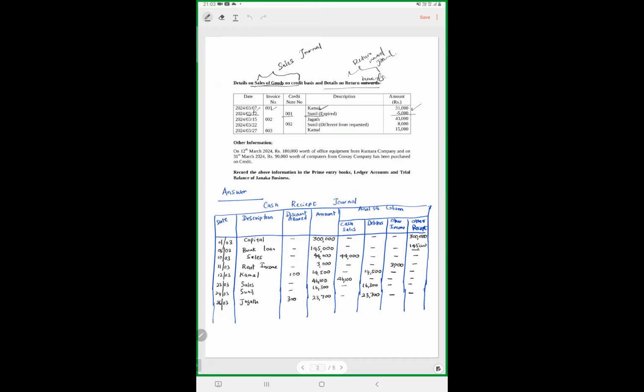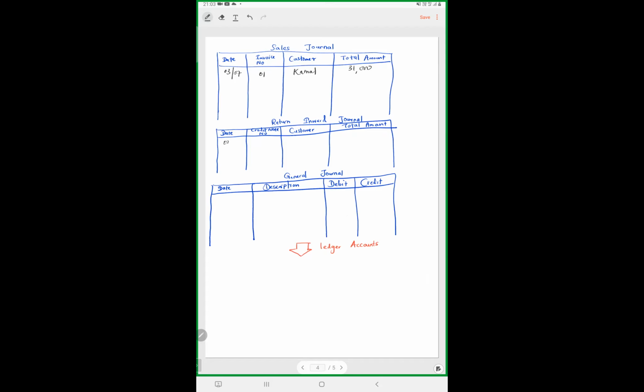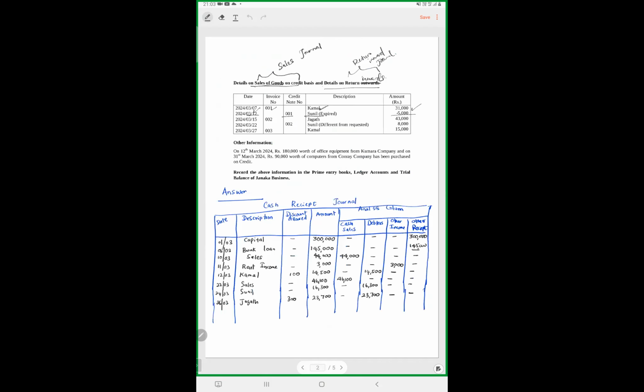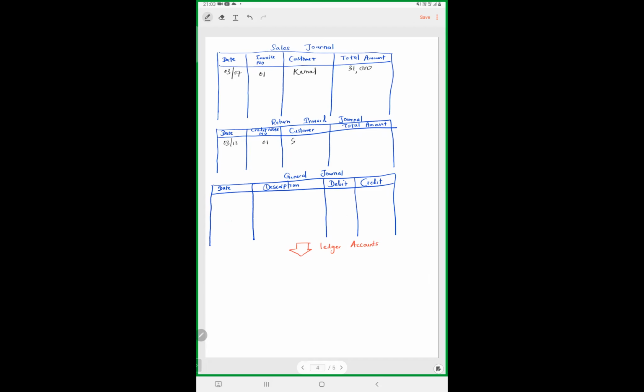The date is, credit note number 1, Sunil, 5,000.